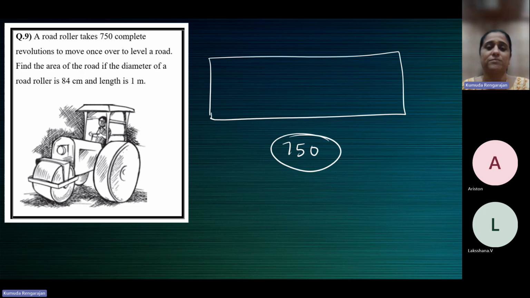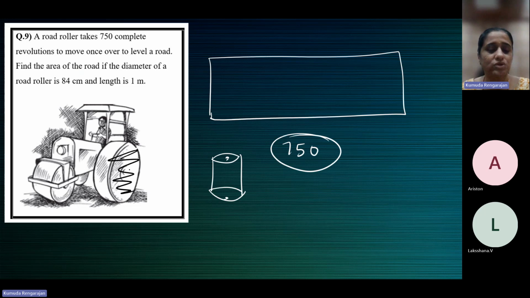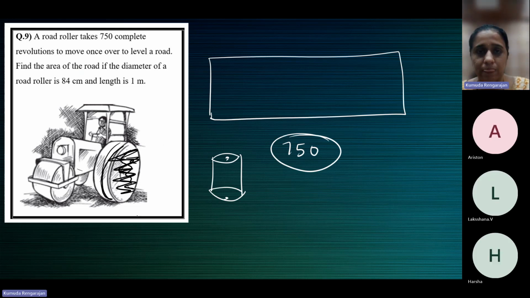Only the CSA. The two circular portions, this one and the other side which we can't see in this figure, do not come in contact with the road. It's only the CSA that rolls over the road.